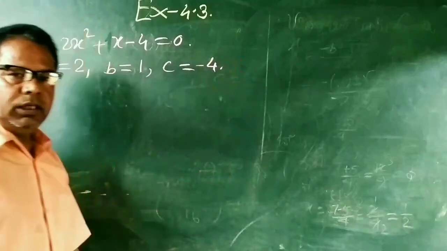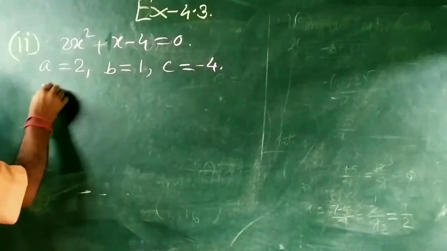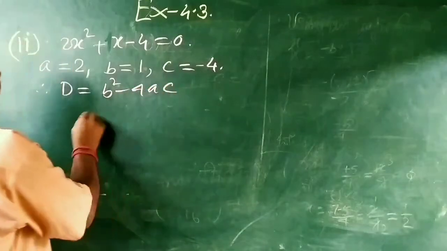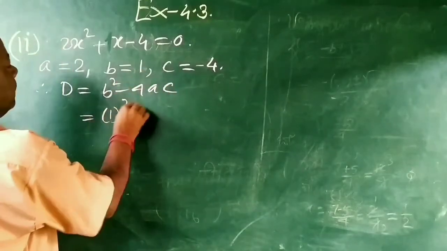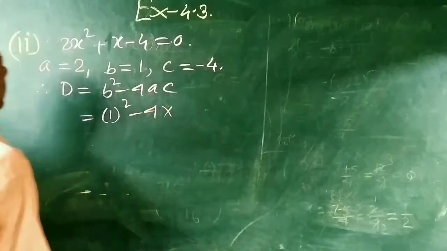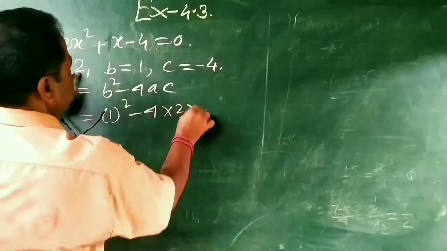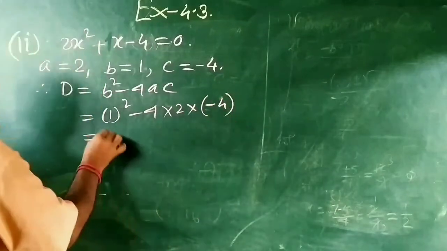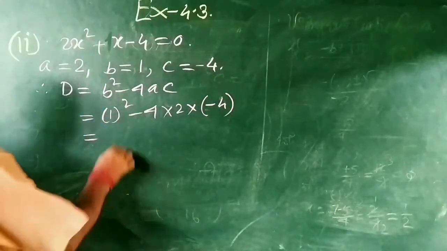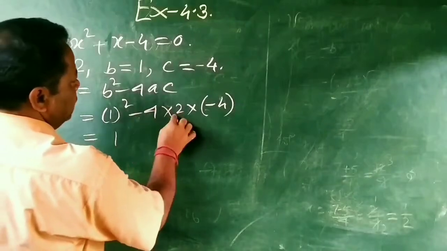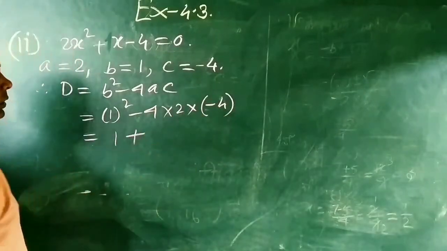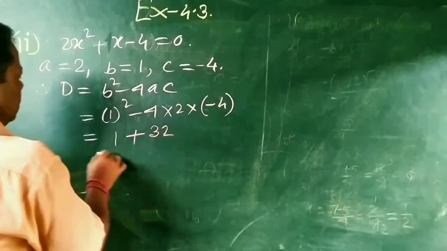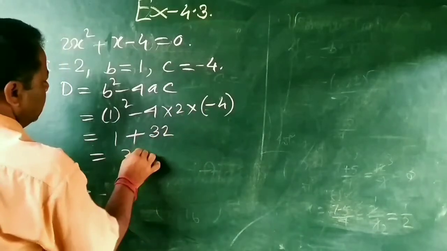Now we will find the discriminant D. Therefore D is equal to b square minus 4ac. The value for b is 1, minus 4 into a, the value of a is 2, into c, which is negative, within a bracket. 1 square is 1, plus, minus into minus is plus, 4 eights are 32. Then 32 plus 1 is 33.